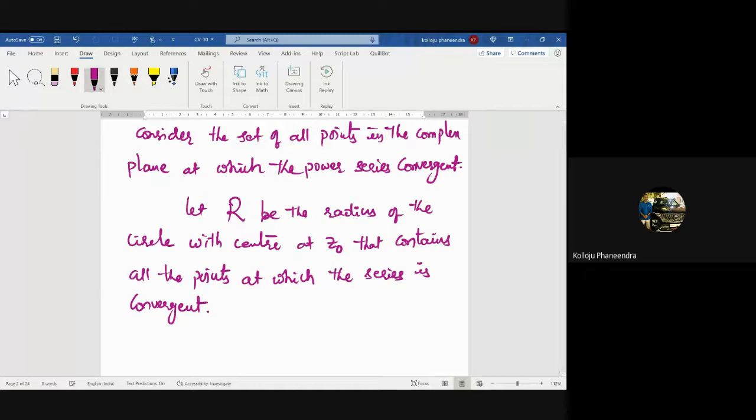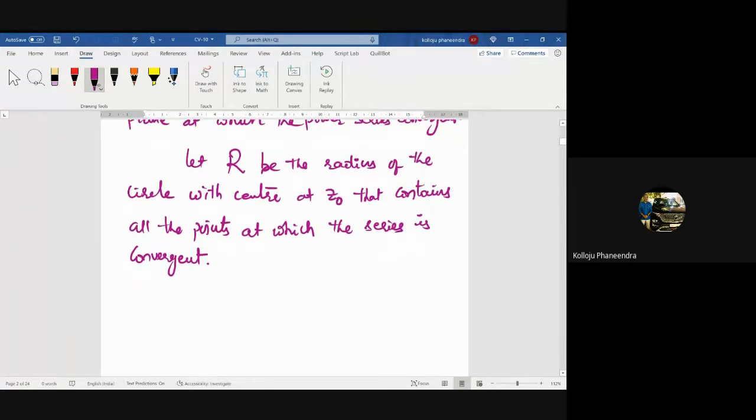Okay, we are considering z0 as a center and capital R as the radius of the circle with center at z0, and this circle contains all the points where the power series is convergent.